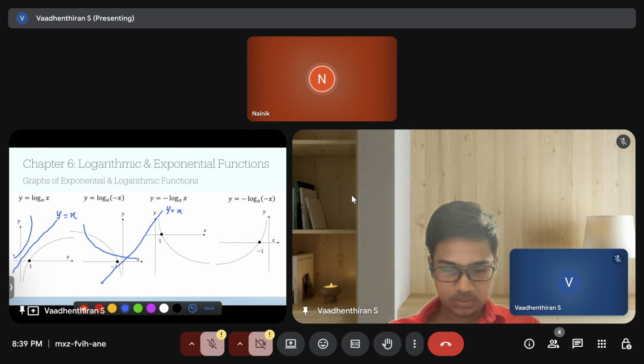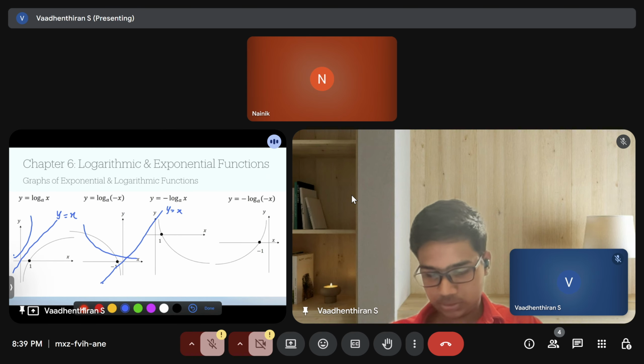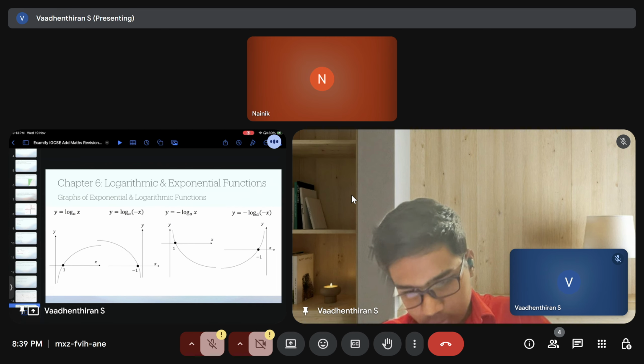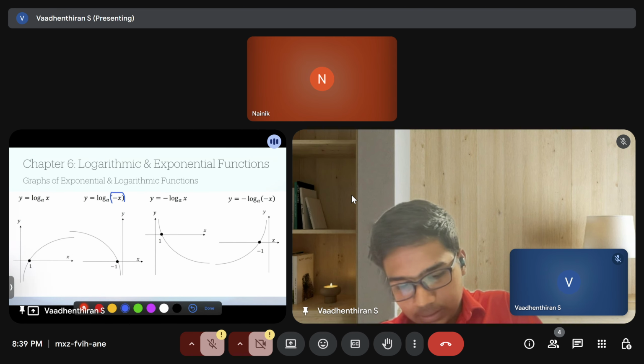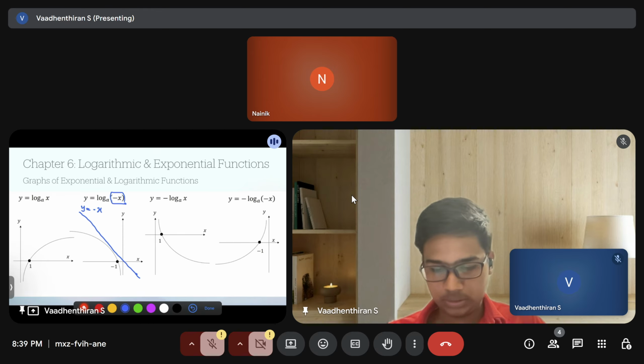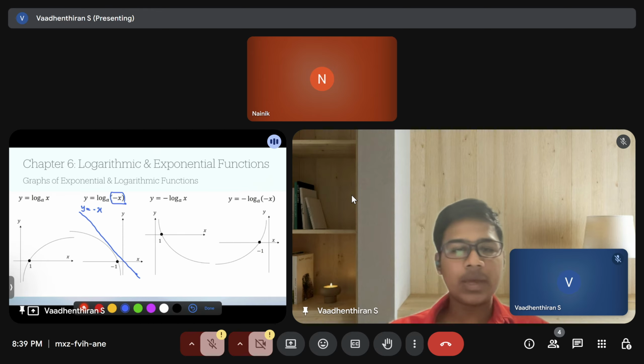This is for the exponential. Okay, I forgot to say something. When you see negative x, you need to know that y equals negative x is the line it will reflect on. Whenever x is positive, you take y equals x.